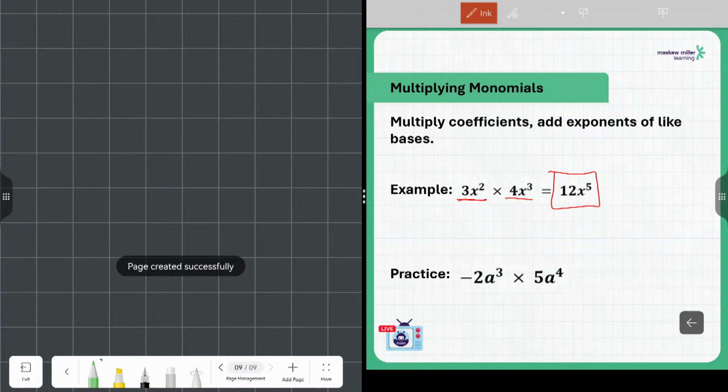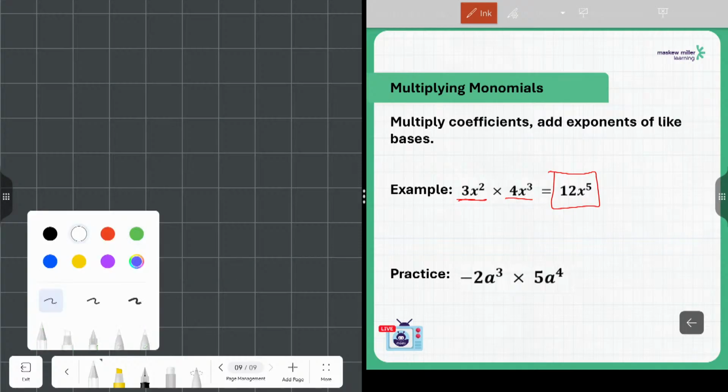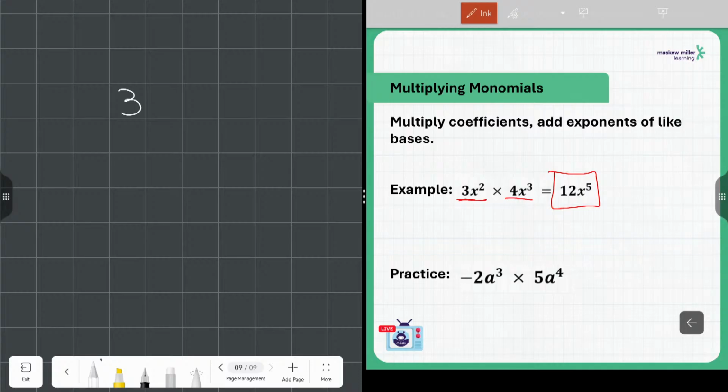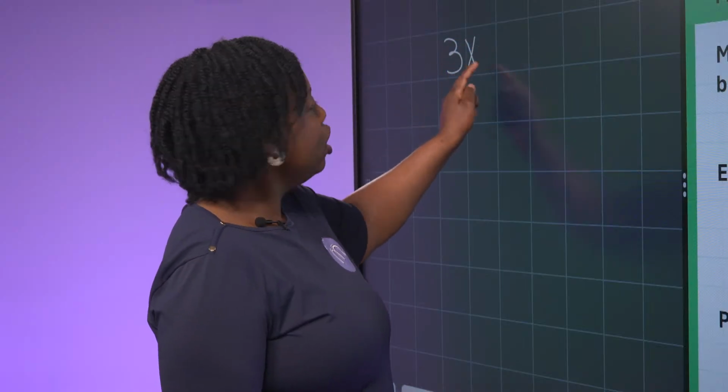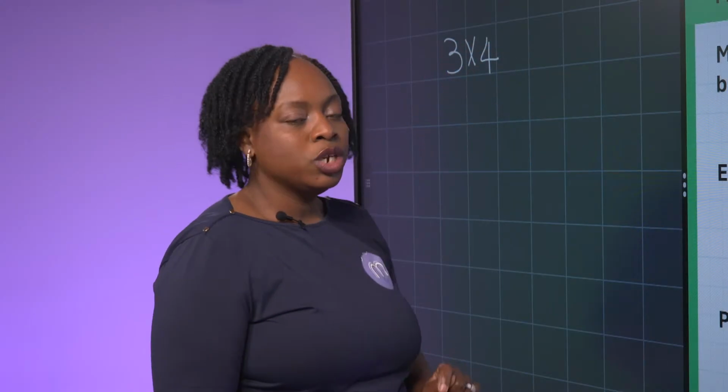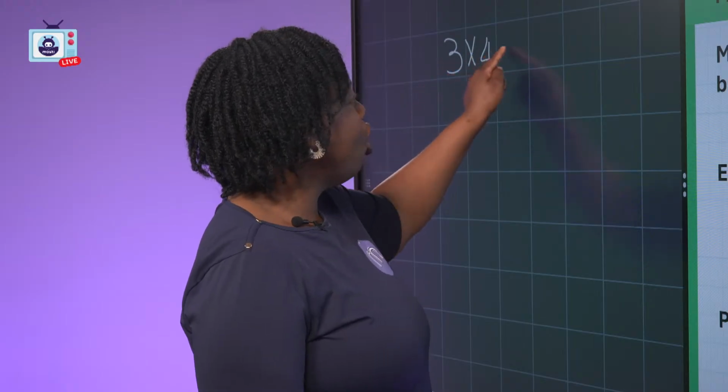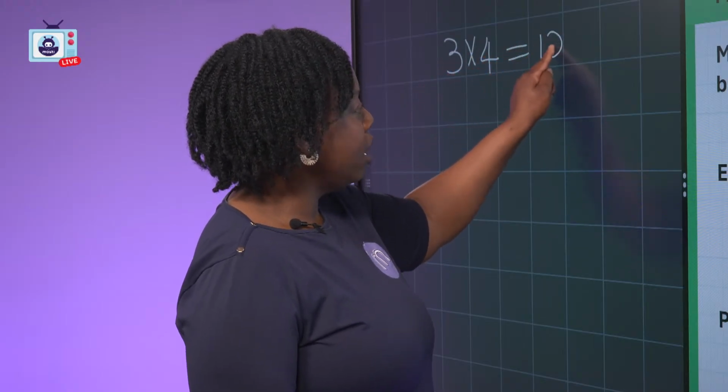So for us to get there, we literally would have said that we have 3 multiplied by 4. What we do is we multiply the numbers by themselves. So if I multiply 3 and 4, I will get 12.